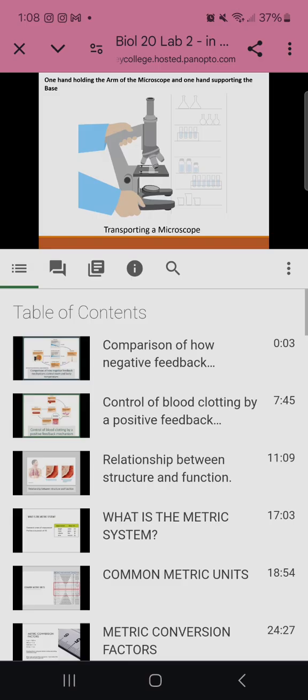Also, before you start using your microscope, check whether the previous students stored it the right way. Is the stage lowered to its lowest, and is the objective lens on 4 times, the lowest objective lens? Whenever you put the microscope back, make sure the stage is at its lowest. You can use the coarse adjustment knob, the big knob, to bring it all the way to the bottom.